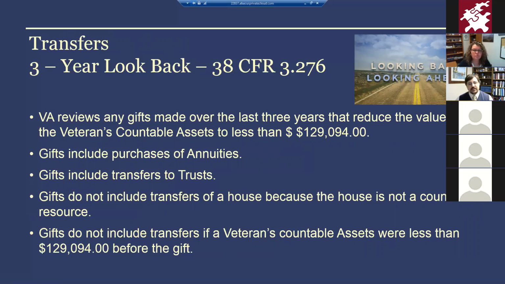Therefore, the veteran can transfer it away because it's not going to change if the veteran's assets are under that $129,000. It also does not include transfers if a veteran's countable assets were less than $129,094 before the gift.